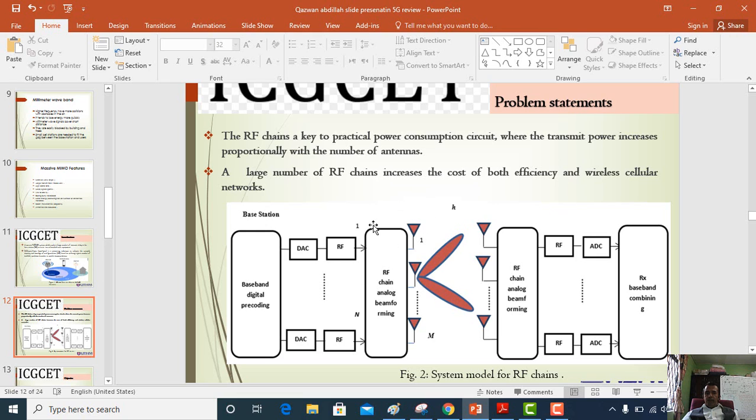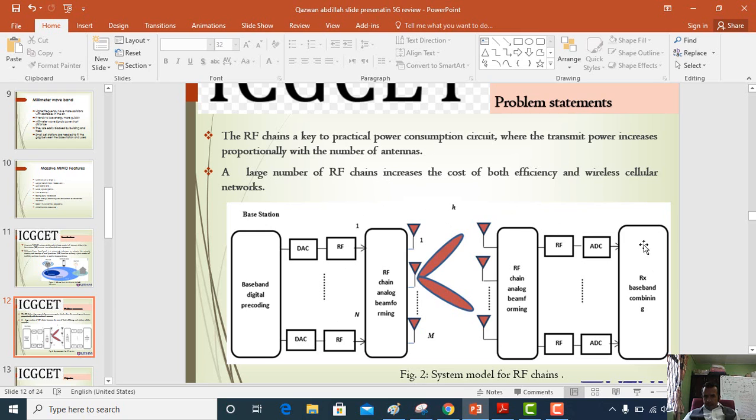To reduce the power consumption of the RF, we have to reduce the number of RF chains to reduce the transmitted power, by using the soft selection method or hard selection method.